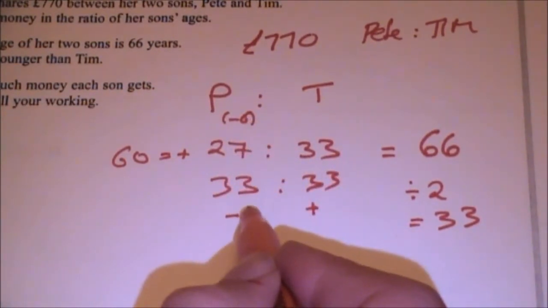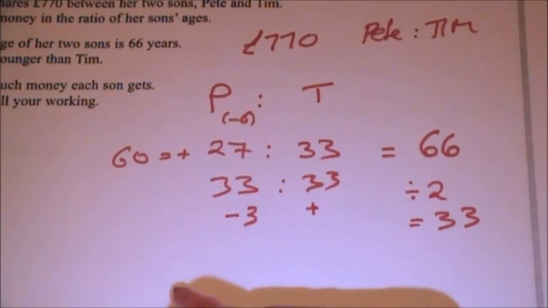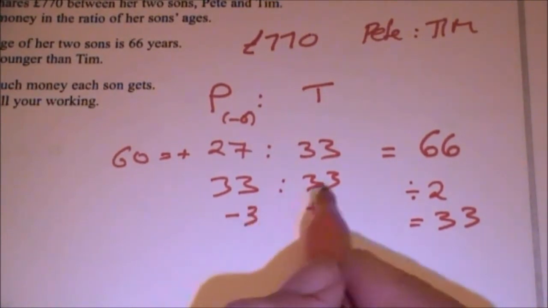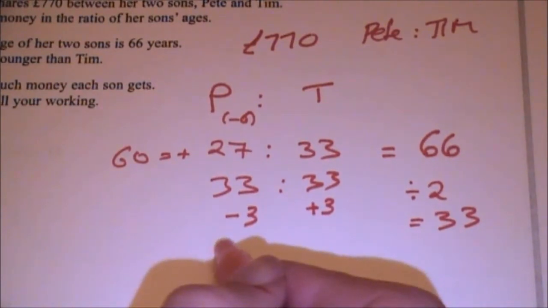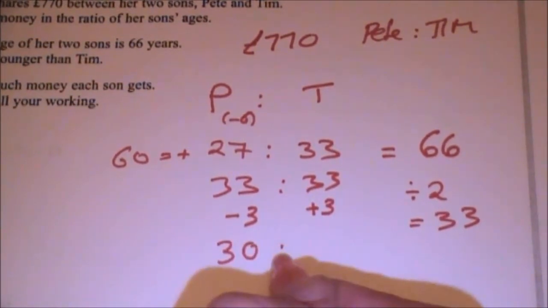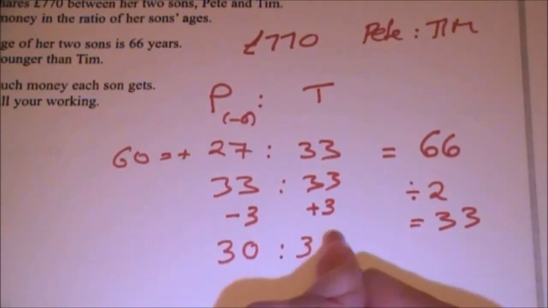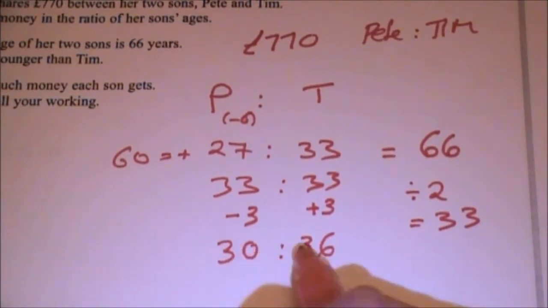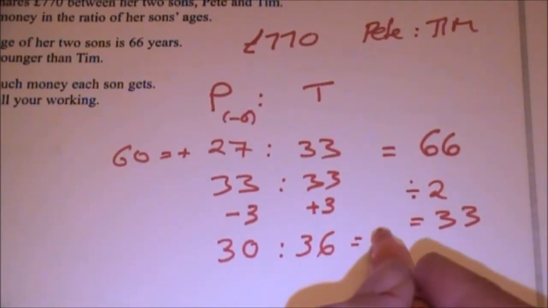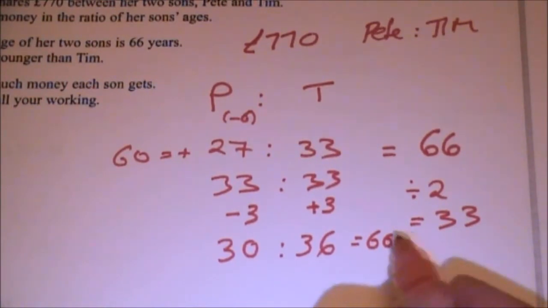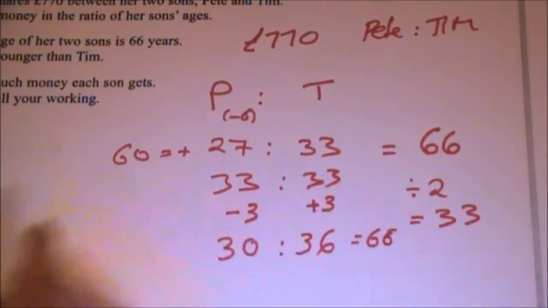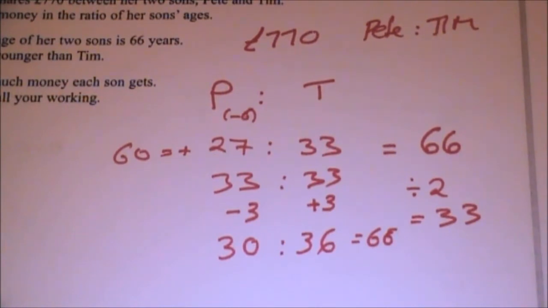I only need to take 3 off Pete, because then that 3 is going to be added to Tim, which would end up putting Pete at 30 and Tim at 36. Now 30 and 36 go together to give you the 66 you wanted, and they also have a difference of 6. So they're the ages.